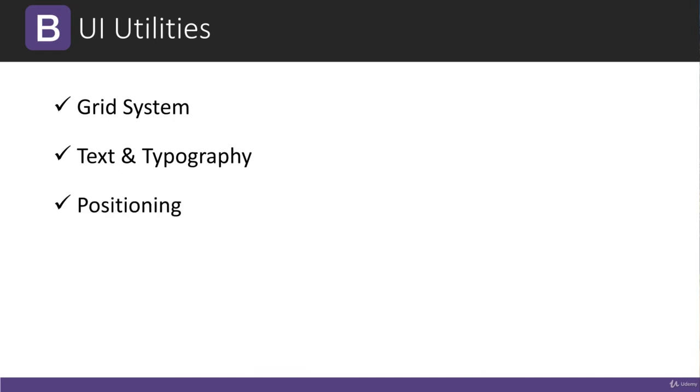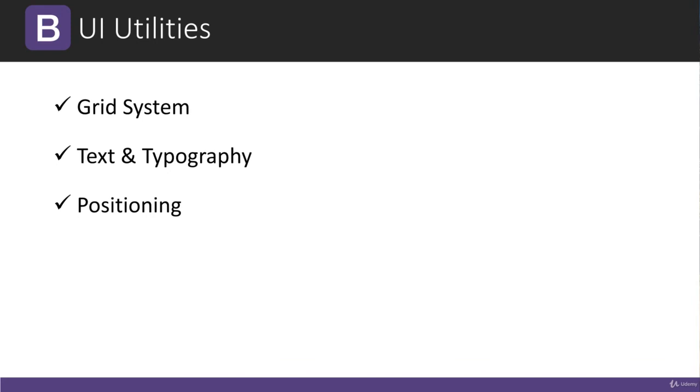So now I'm just going to quickly go over some of the features of Bootstrap, some of the utilities, the components, and so on, just very quickly. So we have the grid system, which uses flexbox and is completely responsive. We have text and typography classes for things like alignment and font sizing. We have positioning classes.